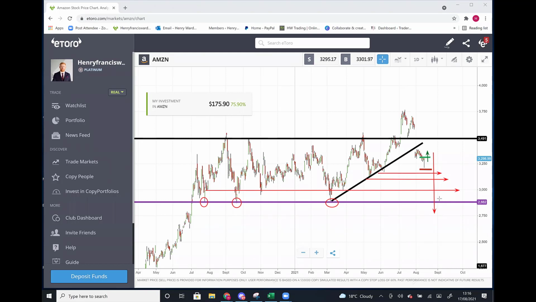So yes for trade, no for no trade. Okay, great. Everyone has said no to this trade. Well done. The main reason is that we're not sitting in any structure.